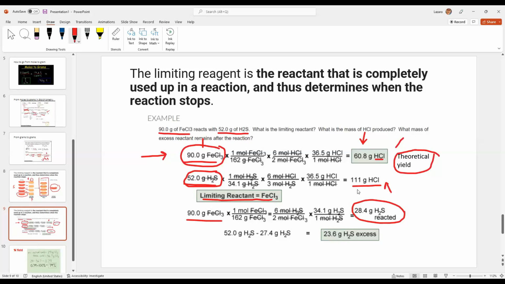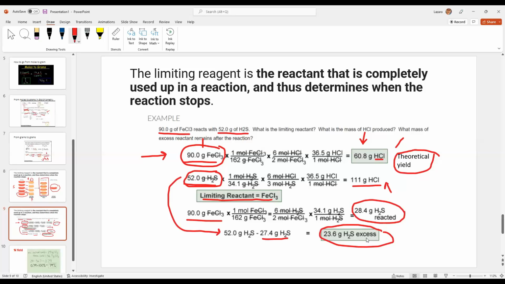Then you subtract the given amount by the one that will react, and you get the excess of hydrogen sulfide that you will have in this reaction.